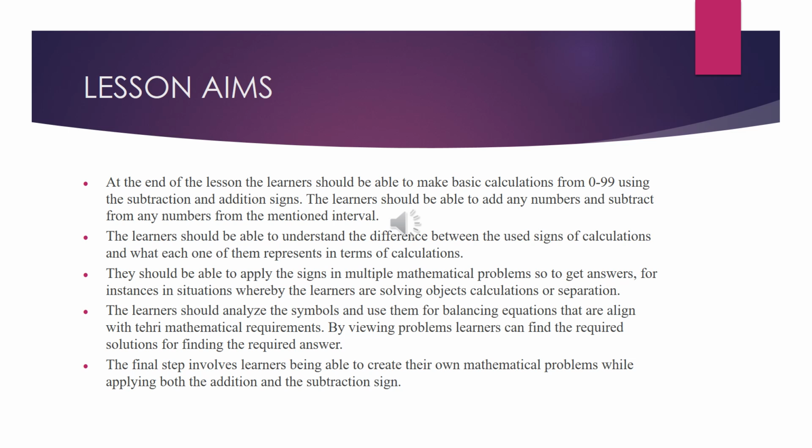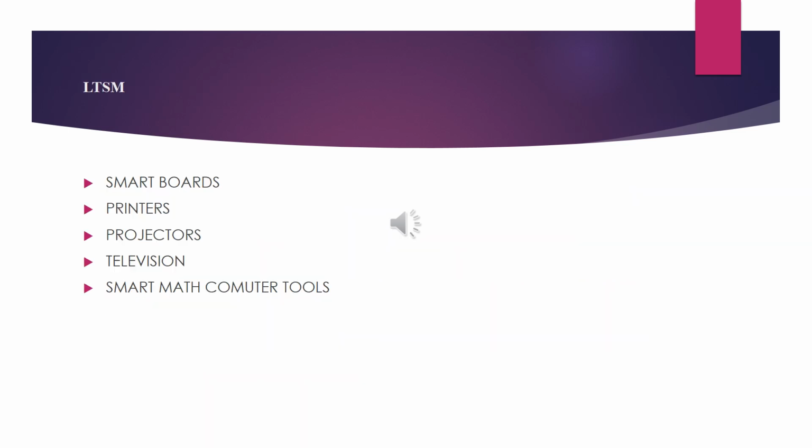By viewing a problem, learners can find the required solution. Lastly, let's check the final step. The final step involves learners being able to create their own mathematical problem while applying both the addition and subtraction signs.